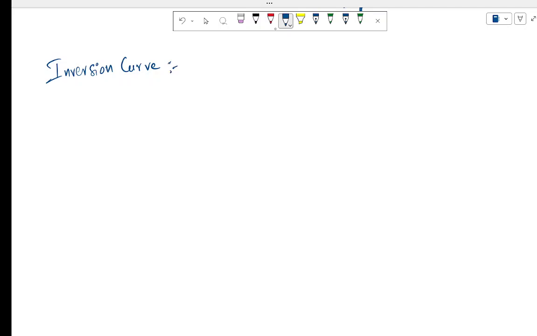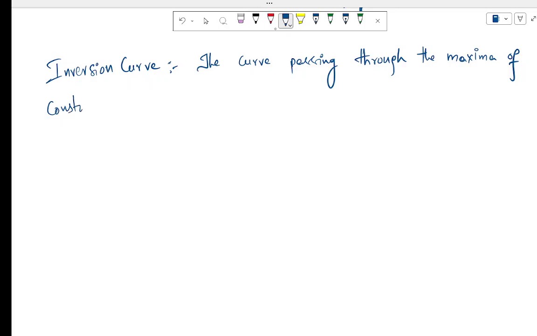It is a curve that is passing through the maxima of constant enthalpy curves.